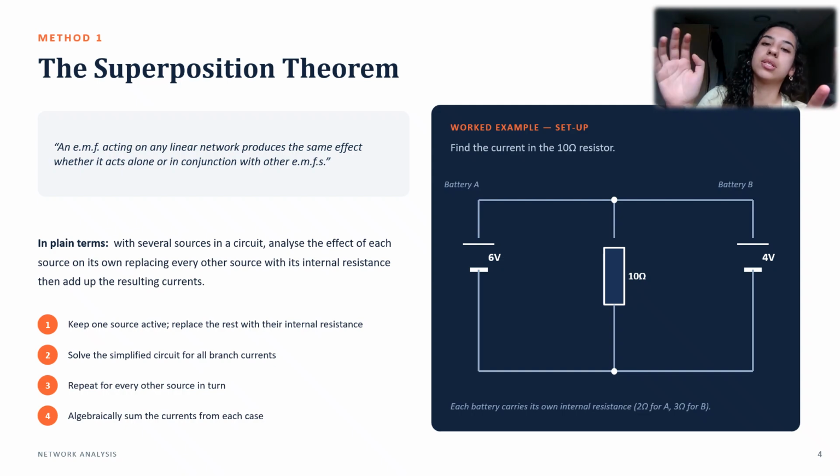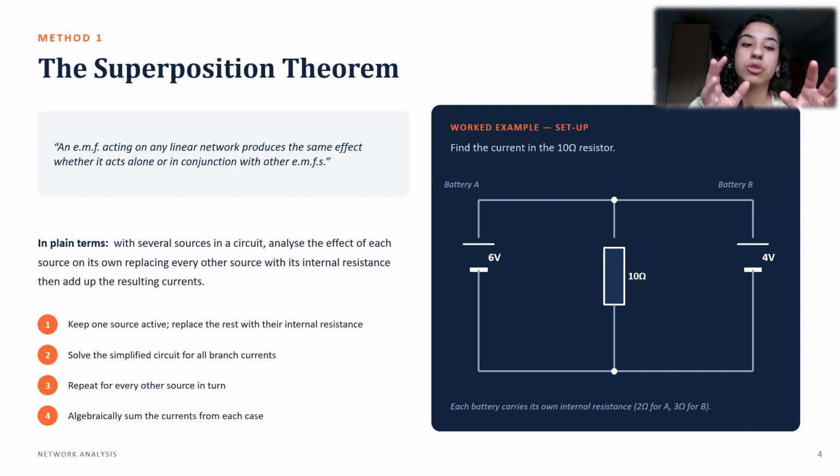How we use the superposition theorem is, we have two loops in this circuit. One loop has battery A, with 6 volts, and the other loop on the right side has battery B, with 4 volts. We are going to solve it in this way.